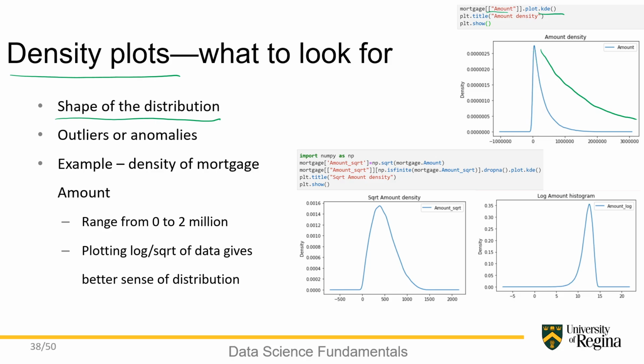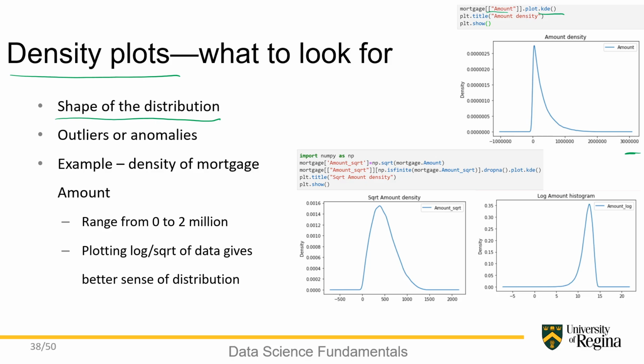This usually happens if you have very large values. For some big homes, people got 3 million mortgages, 2 million mortgages, 1 million mortgages, but most of the mortgages were around maybe 500,000. So if you want to work with data, that distribution is not ideal, and it's better to try to condition this data.